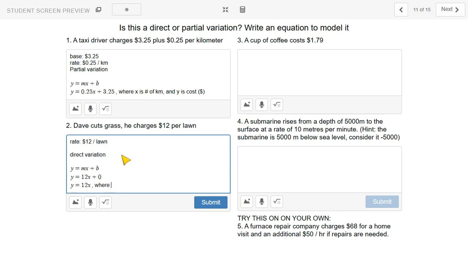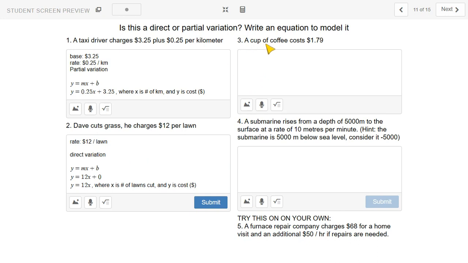So where x is the number of lawns cut and y is the amount of money, the cost represented in dollars.